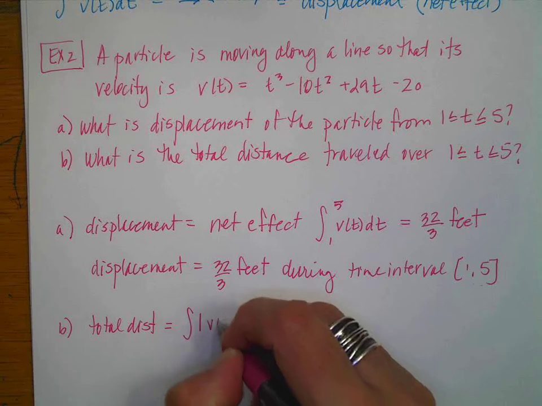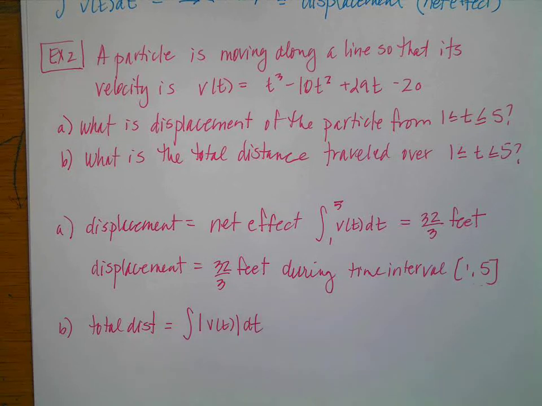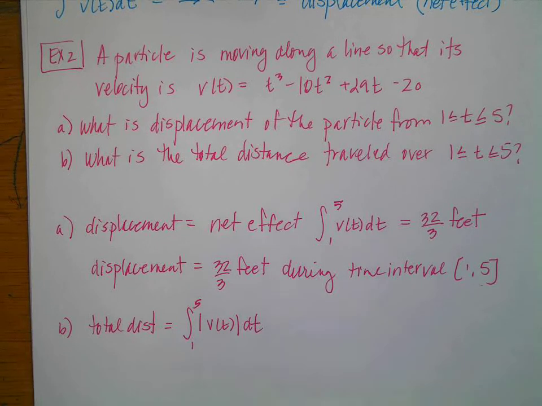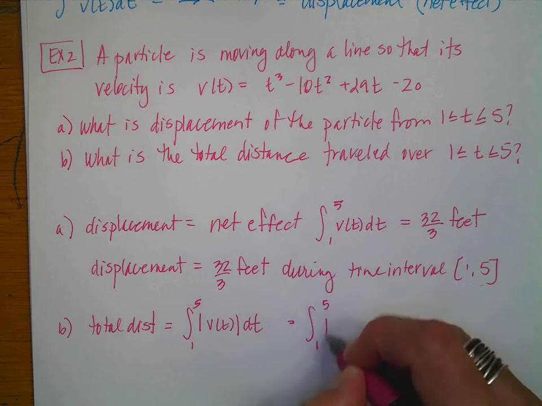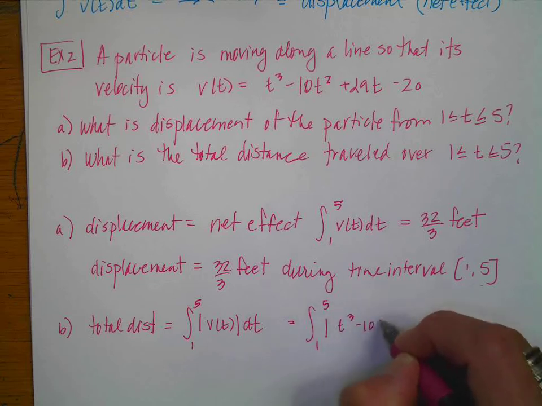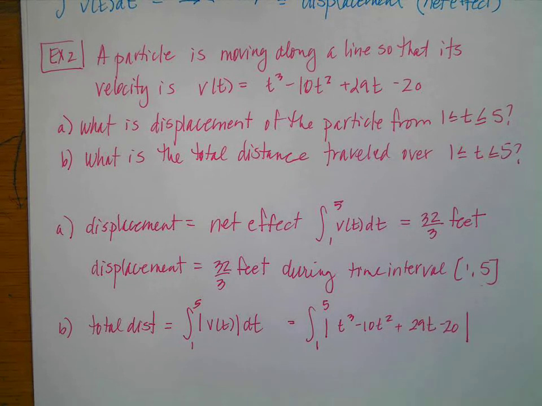Remember that total distance is going to be the absolute value of the function, because then that means that all of the areas are positive. And again, you could just put this into your handy-dandy grapher. So if I were to put this in my calculator, I would do the absolute value of t cubed minus 10t squared plus 29t minus 20.